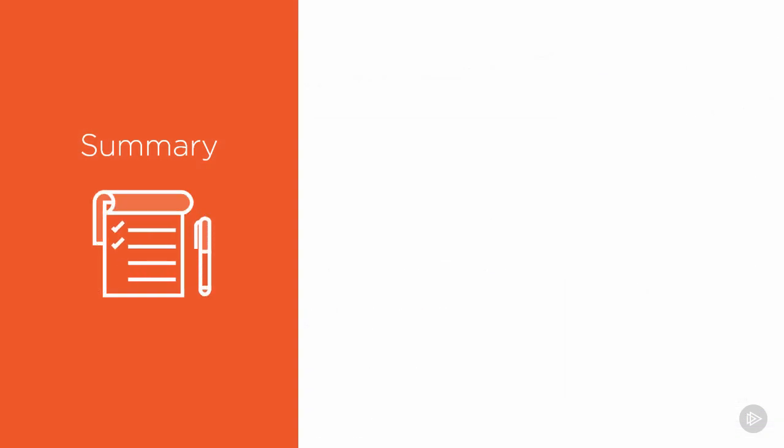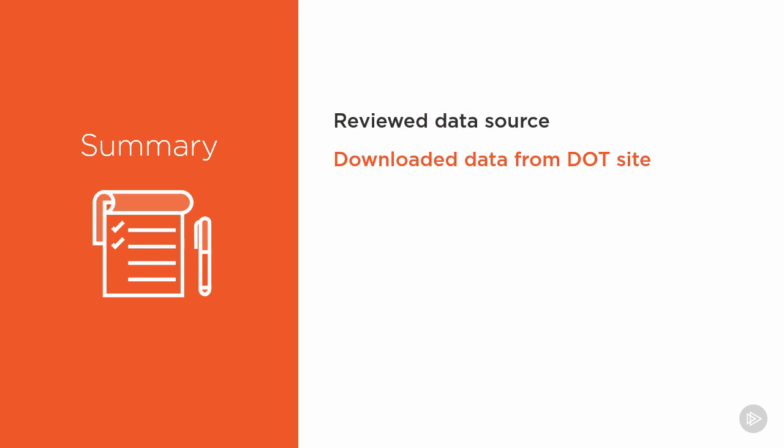Let's summarize how we prepared our data. We first discussed the various data sources and went to the DOT site to select the data we are using. Once we had the data selected, we downloaded it as a zip file that contained a CSV file. Using R, we loaded the contents of the CSV file into a data frame. From there, we cleaned the data by removing extraneous fields.